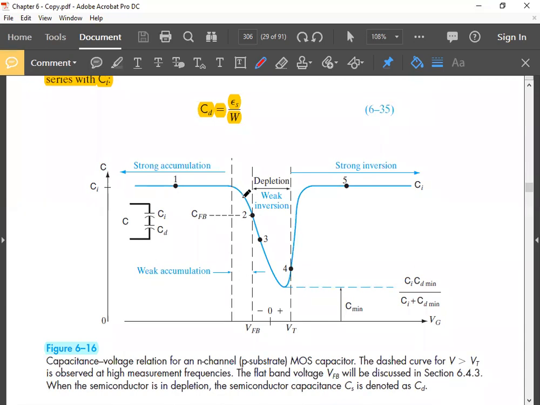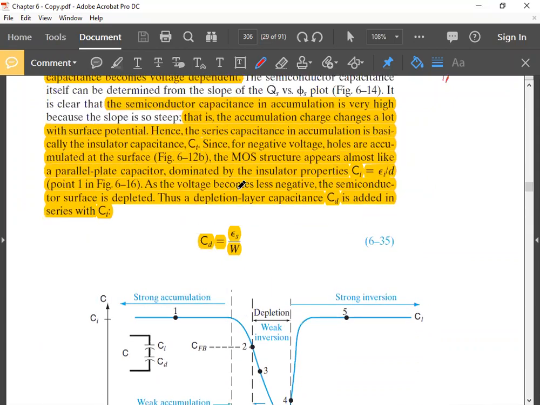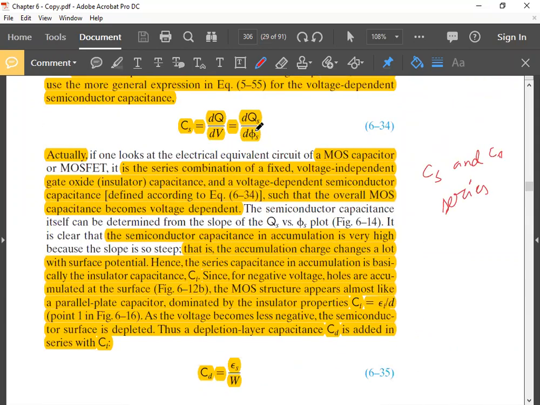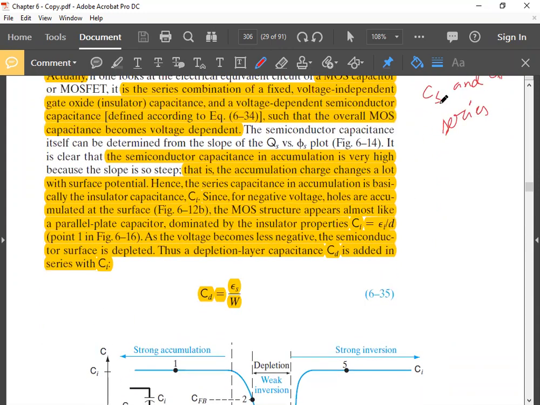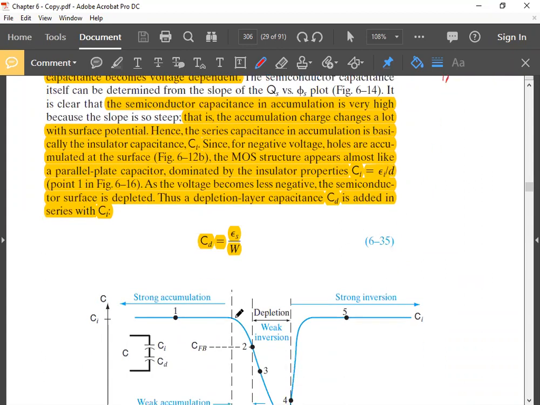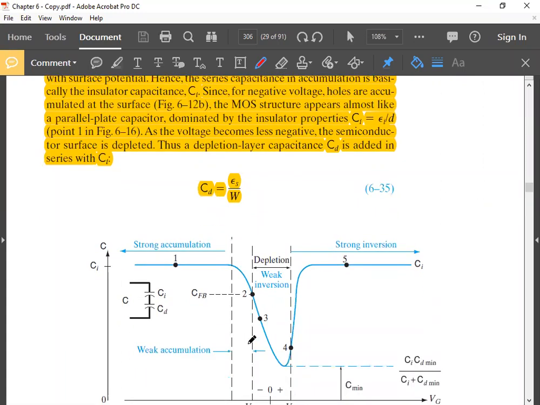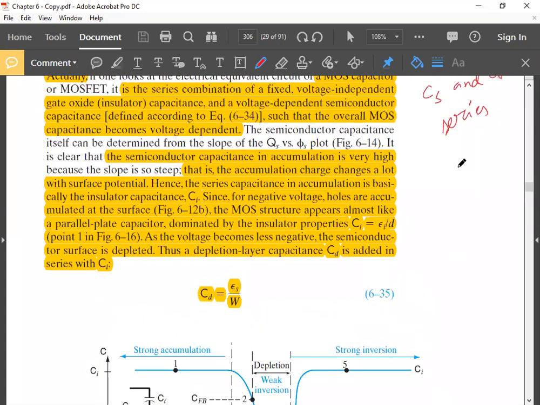So when the number of holes is small, of course the change of charge due to change of voltage will be a little bit smaller. So Cs will not be that high, but still it will be high. So the equivalent capacitance will decrease slightly. Okay, understood.